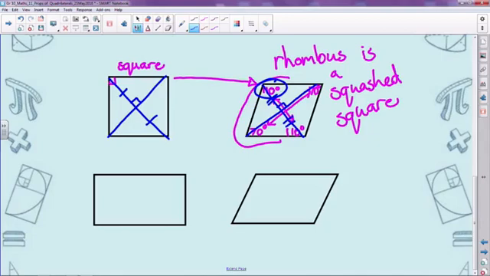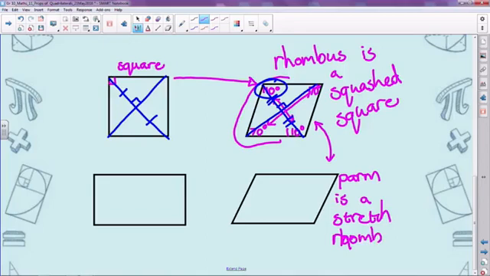Okay, so what is the difference between the rhombus and the parallelogram? Well, I would say that the parallelogram, and I'm going to write the abbreviation here, is a stretched rhombus. So we've taken the rhombus and we've just pulled it to make these lines over here longer.